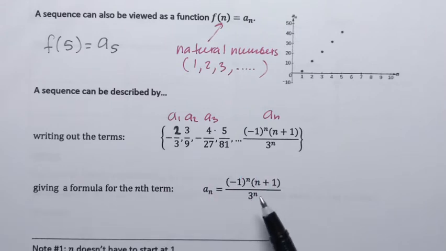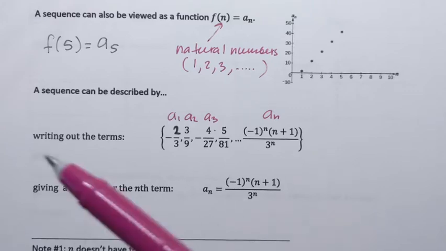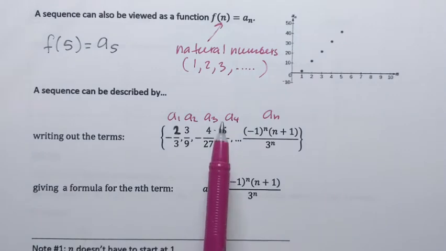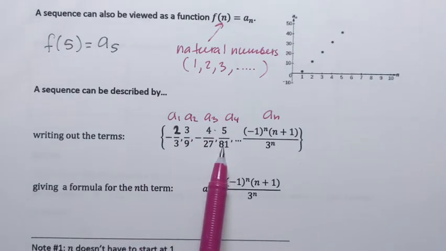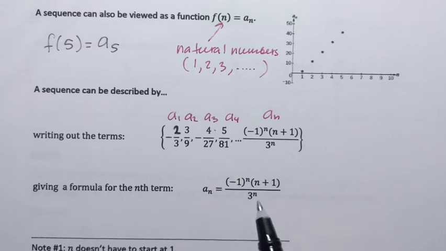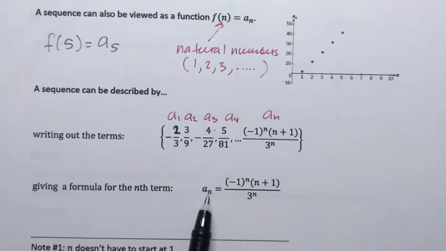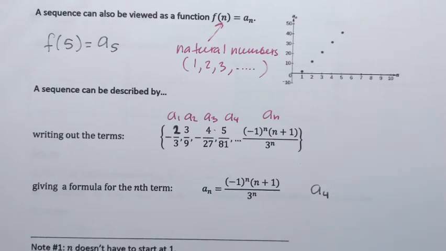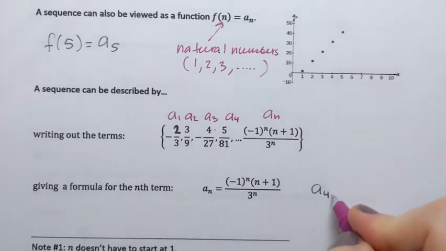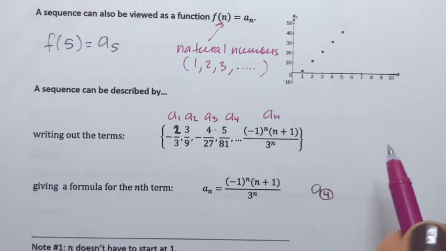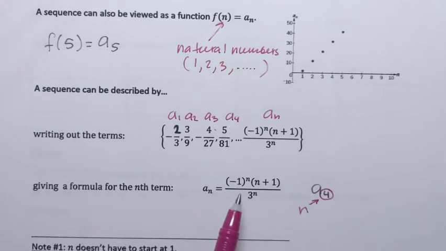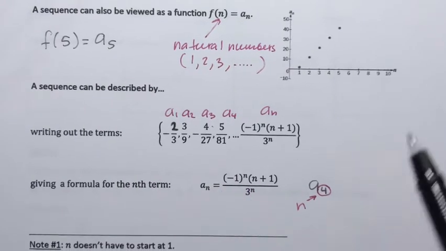So let's check this formula. For example, I have the fourth term over here, a sub 4, and according to this list, it's 5 over 81. Well, let's check. To find the fourth term of the sequence using the formula, I'll just have to find a sub 4, and the subscript is what n is. So if the subscript is 4, it means that n equals 4. So to find the fourth term, I just have to plug in 4 for every n in this formula.